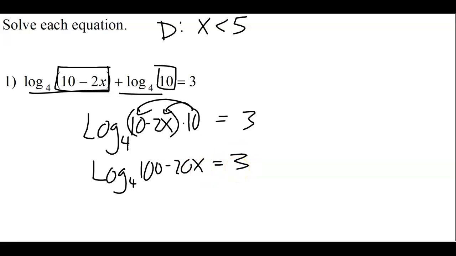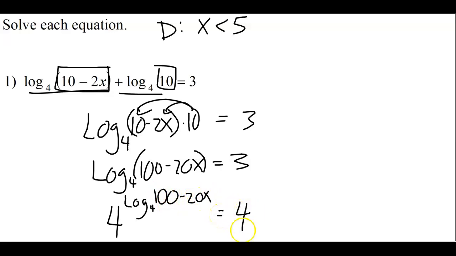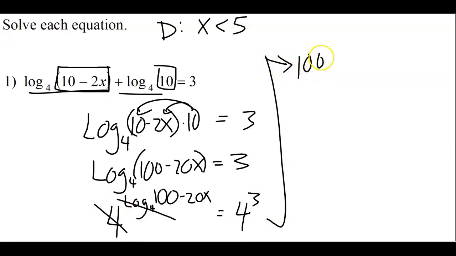All right. After that, we're ready to go ahead and exponentiate both sides. So I'm going to write each side as a power of 4 because that is my base. That's something we talked about in our last lesson as well. And those, in a sense, cancel each other out and leave me with 100 minus 20x on the left side. And on the right side, we have 4 to the third power, which is 64.